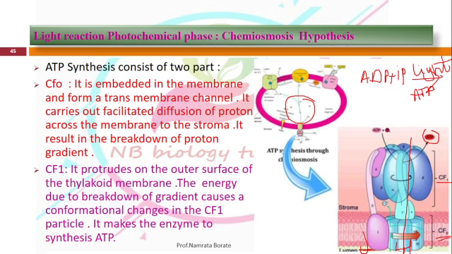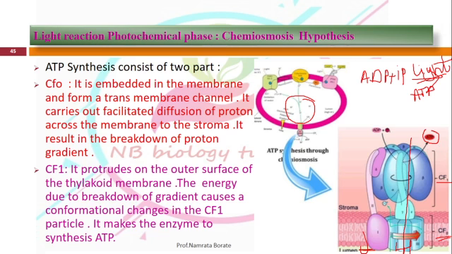The result is the synthesis of the ATP molecule with the help of the enzyme present in CF1, known as the ATP synthetase enzyme. ADP plus inorganic phosphate in the presence of light gives the synthesis of the ATP molecule.